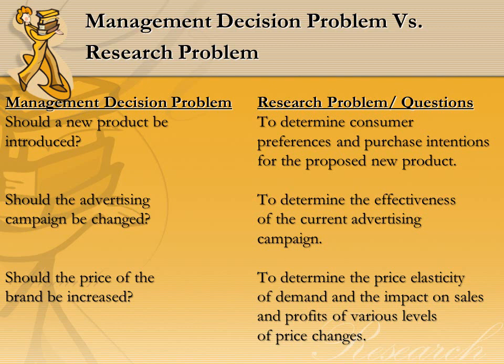And the right hand side says the research problem, here it is, to determine consumer preferences and purchase intentions for the proposed new product. Now two variables are used here, consumer preferences and purchase intention. These two variables lead to new product introduction.